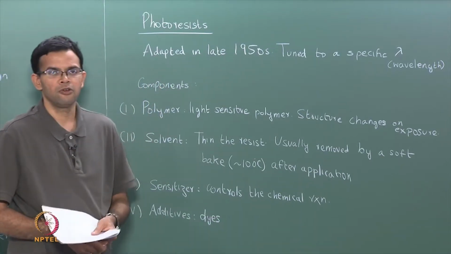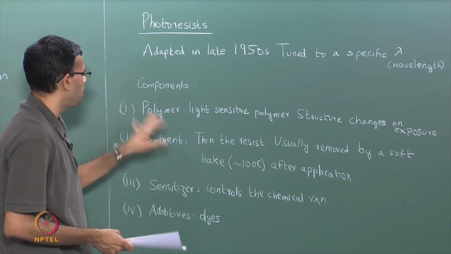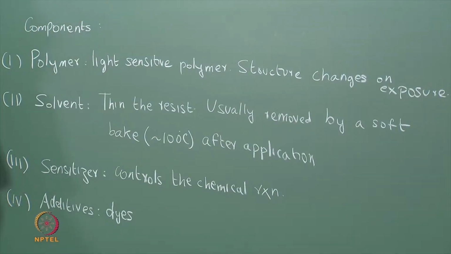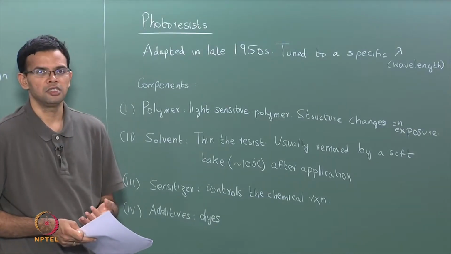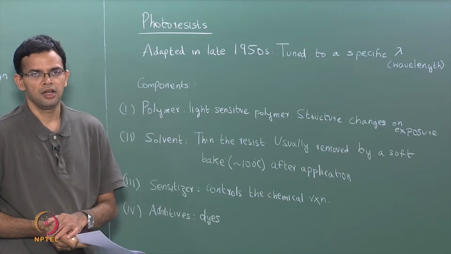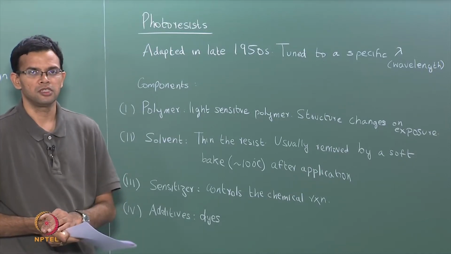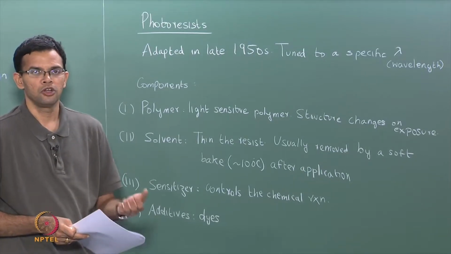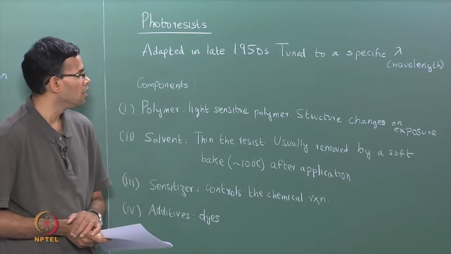So different photoresists have different parts or different components, and these could change depending upon the wavelength at which it is being exposed and the conditions in which spin on takes place and the conditions which the photoresist is supposed to be exposed to during the further processing.